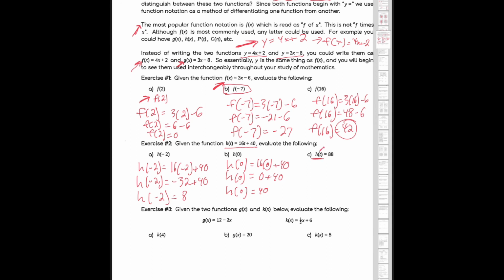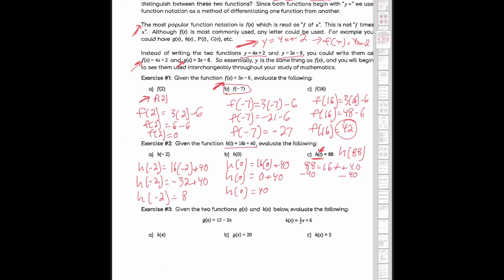When the number isn't on the inside of the parentheses like this, we would normally see h of 88 like we've been seeing, and then we think, okay, let's plug in 88. No, it's different this time. We have the 88 on the other side of the equal sign. So what we do is we do 88 equals the function, 16t plus 40, and then we solve.